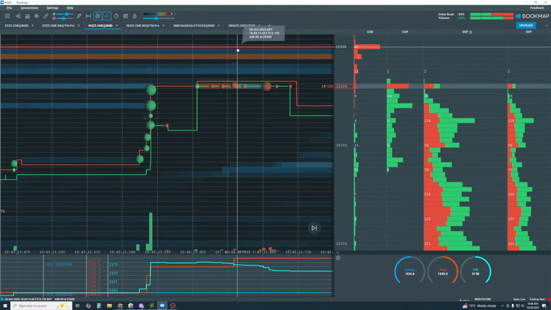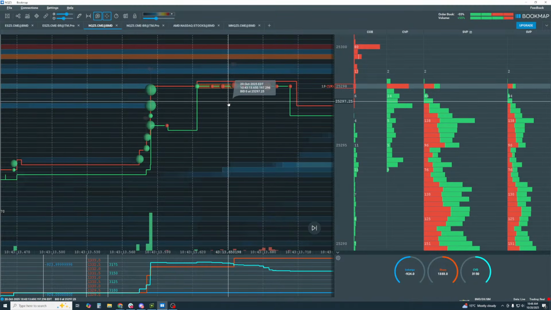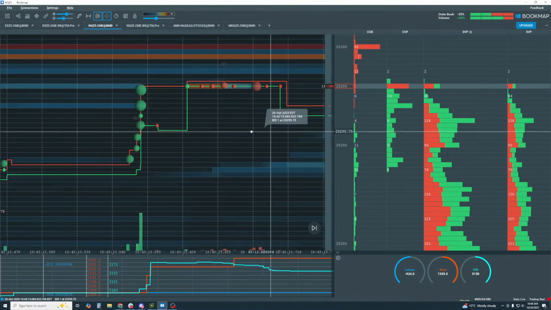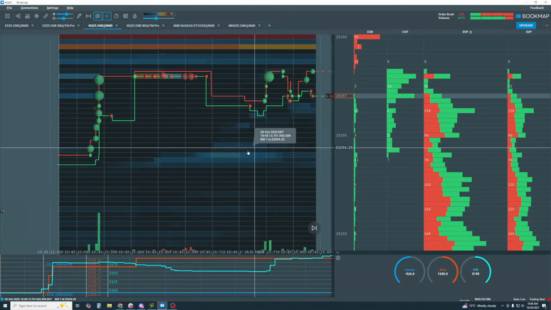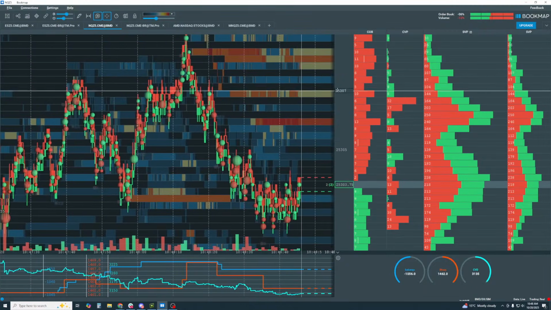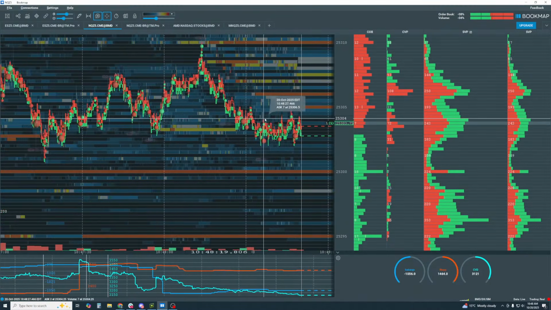Okay? And that is the flag pattern as well. It's the low volume pullback, flag, whatever. It's a continuation that we're looking for. Okay, let's take it further and look at a little bit higher time frame. Same idea.